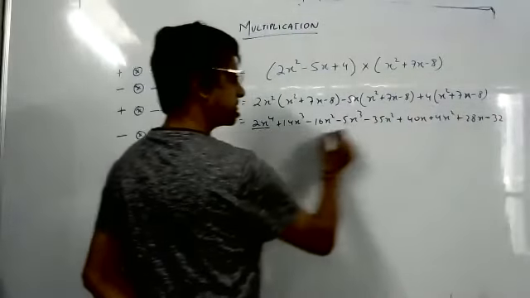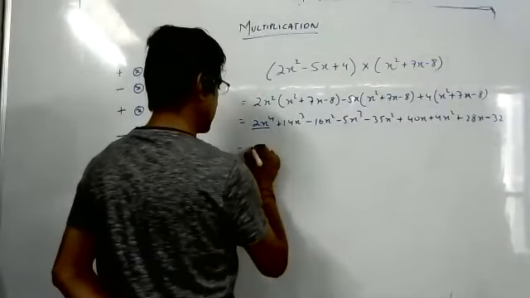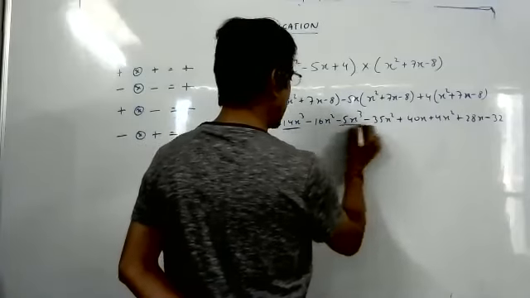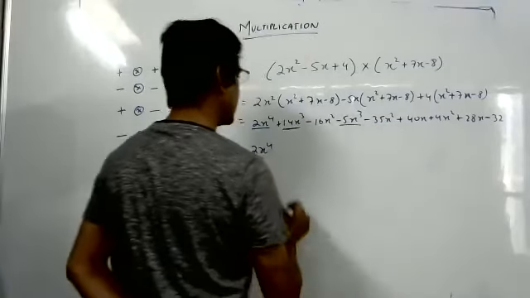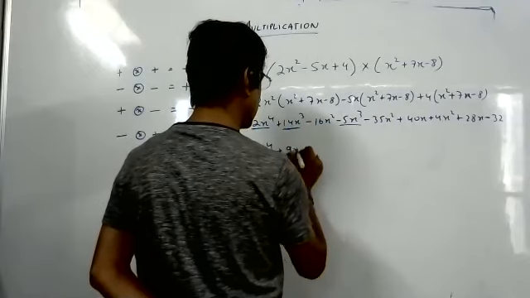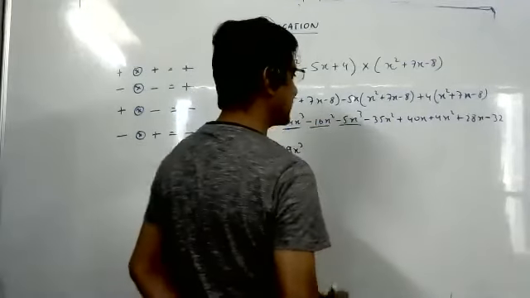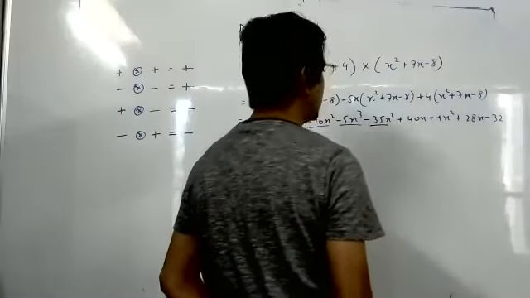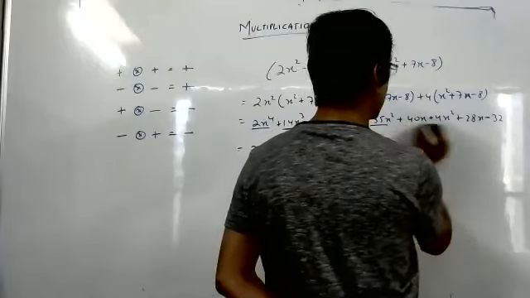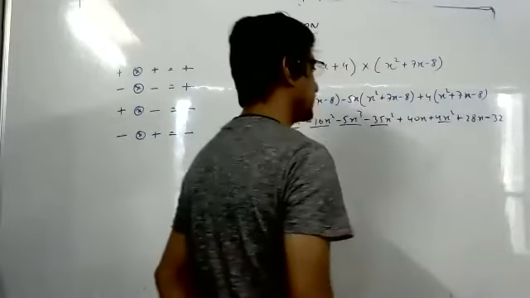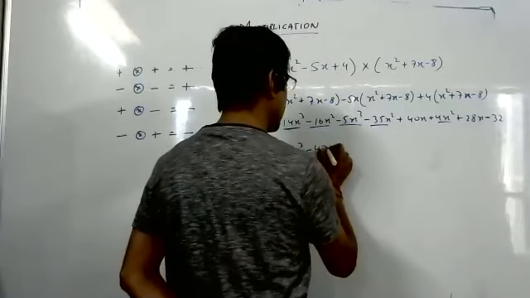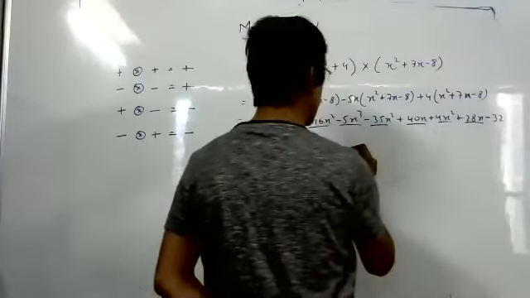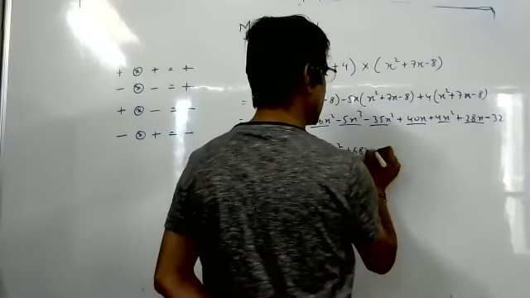Now x to the power 4: 2x to the power 4. x cube: 14x cube minus 5x cube, it will be plus 9x cube. x square: 16x square minus 35x square is minus 51, minus 51 plus 4, minus 47x square. Now what is left out? 40x, 28x, 68x. Minus 32.